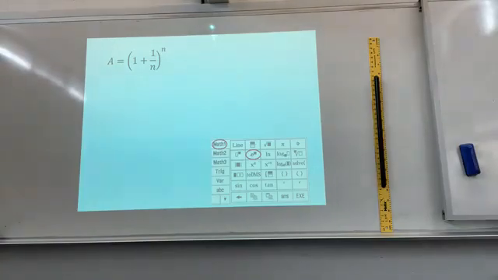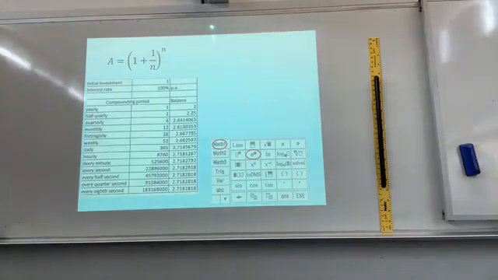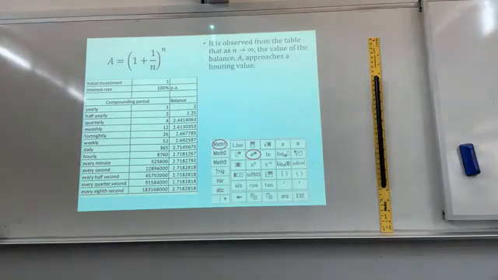Can you get your ClassPad out, please? What we are looking at, 2.71828818, is actually Euler's number, Euler's constant E. So if it is observed from the table that as n approaches infinity, the value of the balance A approaches a limiting value.